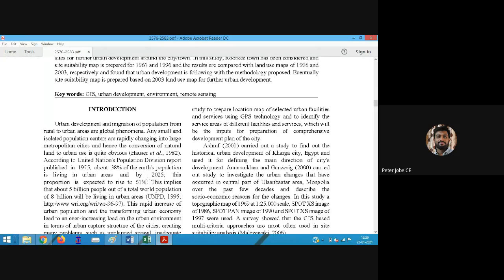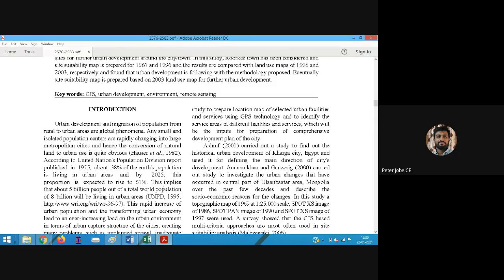They have highlighted that almost 38% of Earth's population is living in urban areas, and by 2025, the population is expected to rise to 61%. That means by 2025, 61% of the total population would be residing in urban areas.